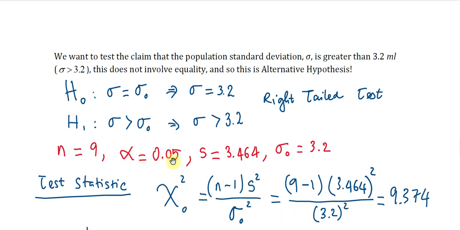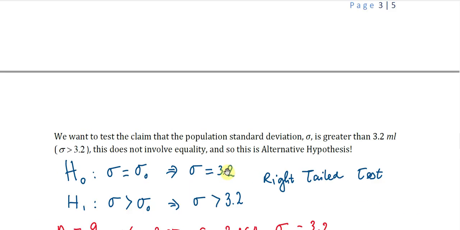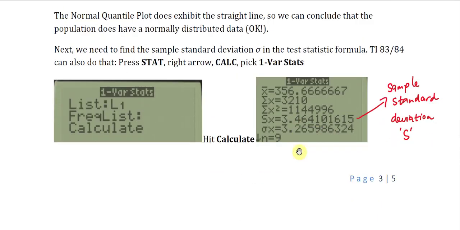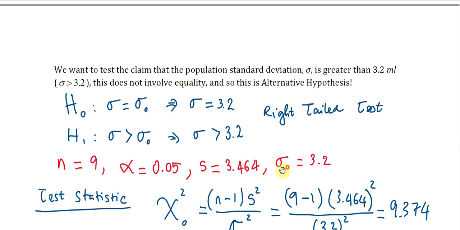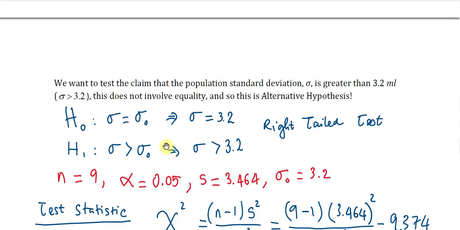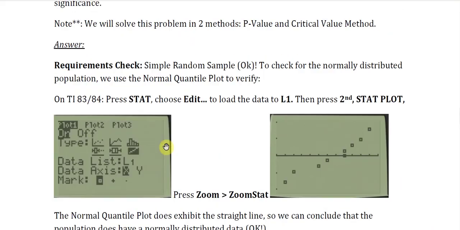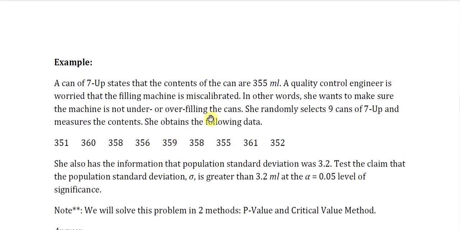Alpha is 0.05, the level of significance. We are given this. The sample standard deviation S, we got that from here, 3.464, and the sigma naught is the one from here, 3.2. The claim value is given to us, right here.